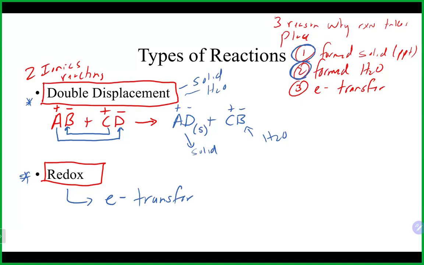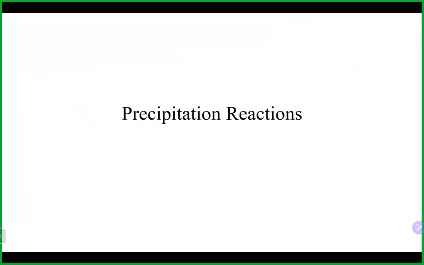And underneath those big classifications, as we will see, you can more specifically classify a reaction another way. But ultimately, it is still either a double displacement reaction or a redox reaction that's happening. All right, so let's take a look first off at precipitation reactions.